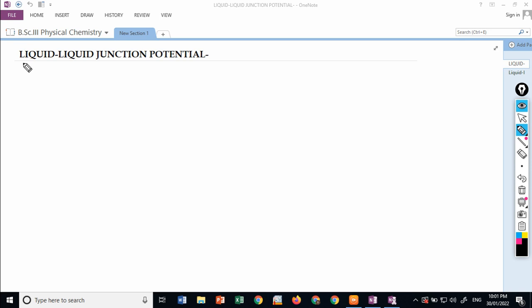Now we'll discuss the liquid junction potential. It is a very simple concept.